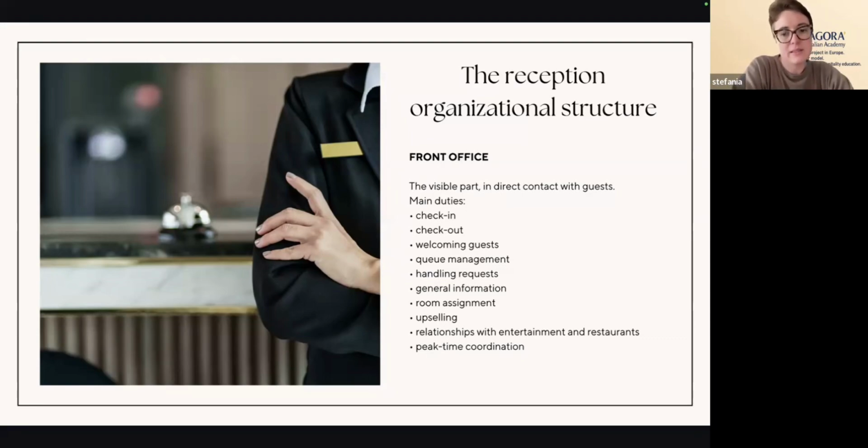Handling requests, as said before, giving general information, so where they can find a shop, where they can find a pharmacy, where's the bus stop, etc., etc.